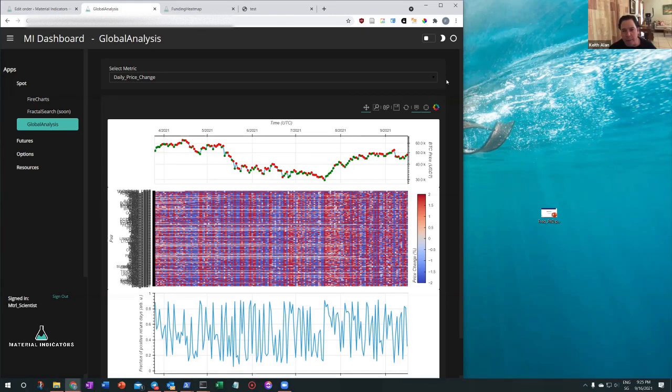You guys probably don't know this yet, but we're coming up on a 1-year anniversary, not since we founded Material Indicators, but since we released a product for sale. We worked and tested for a long time and aggregated a lot of data before we were willing to charge anybody for anything.